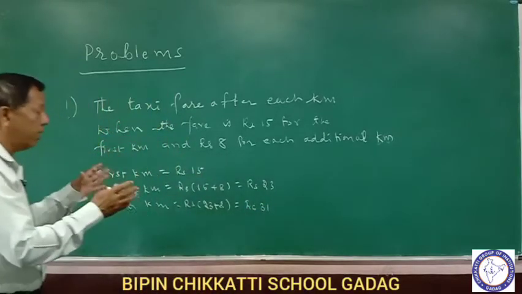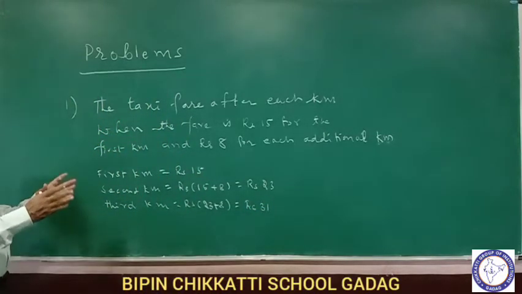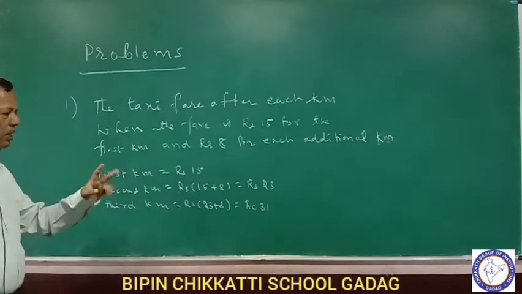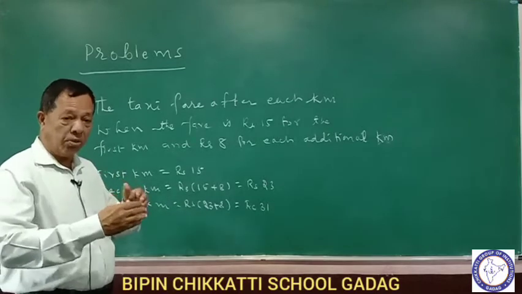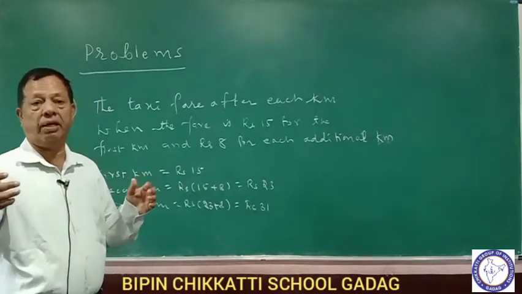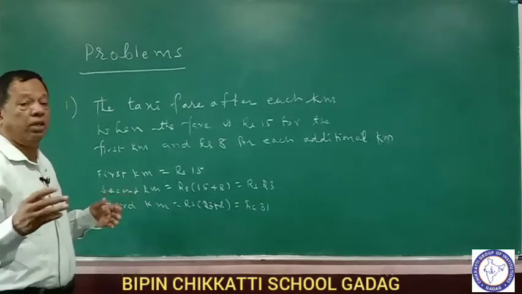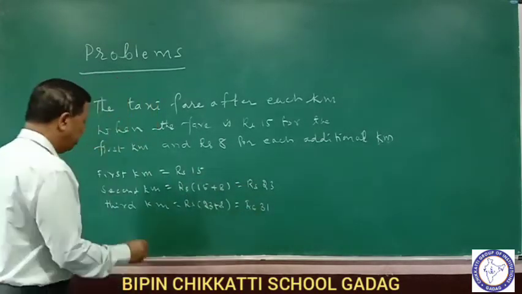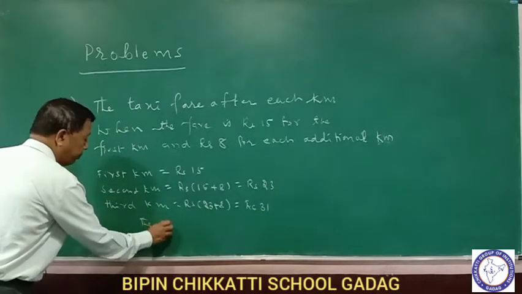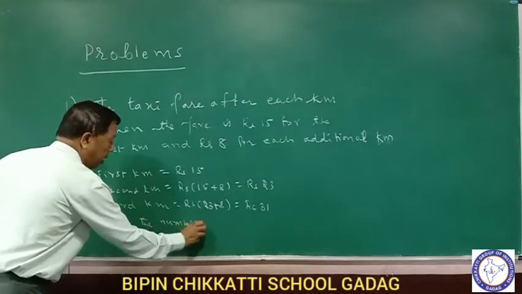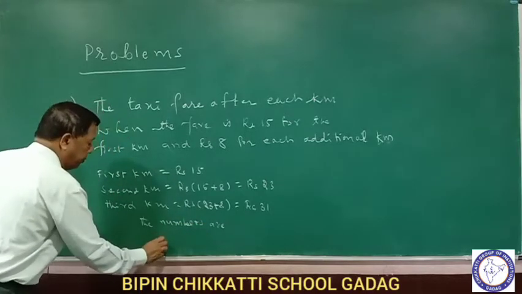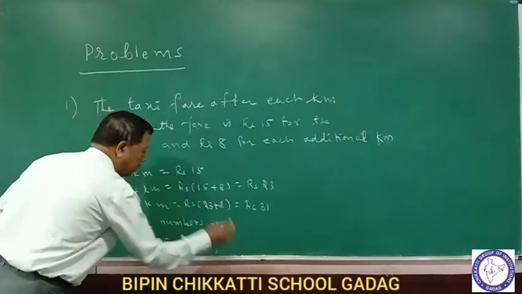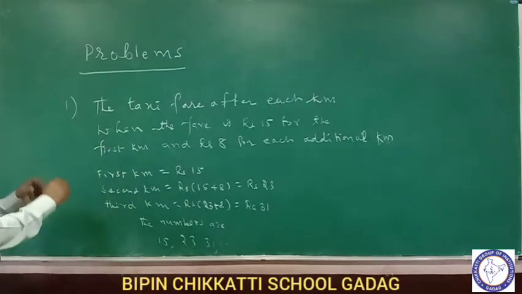So in order to find out whether the given list of numbers or terms is an AP or not, three consecutive terms are necessary. Consecutive means continuous three terms are necessary. So 15, 23, 31. So here the terms are 15, 23, 31. You can continue. So now you have to see whether it is an AP or not.